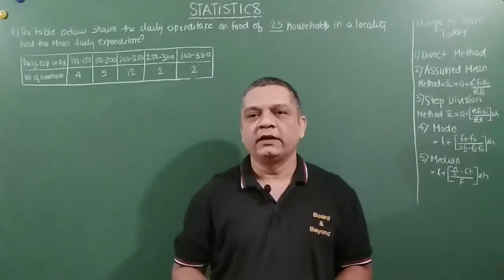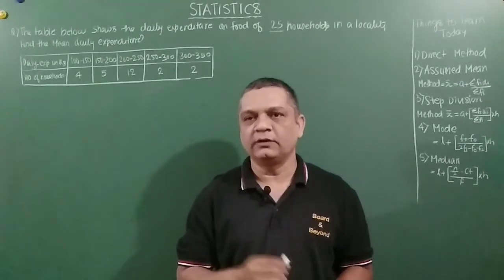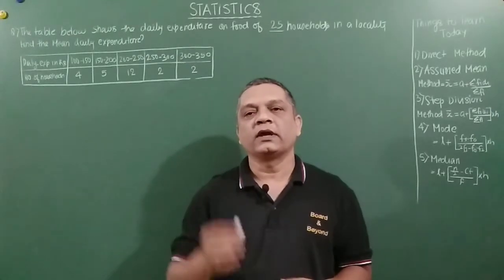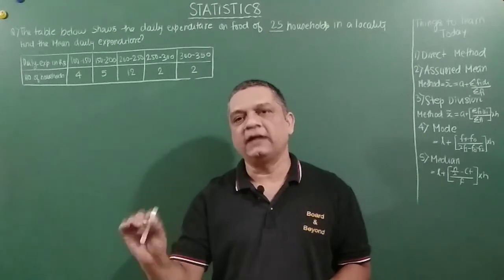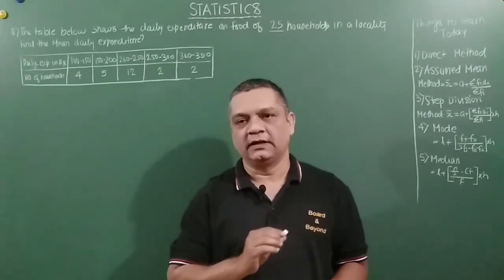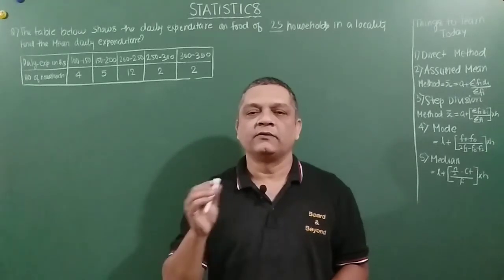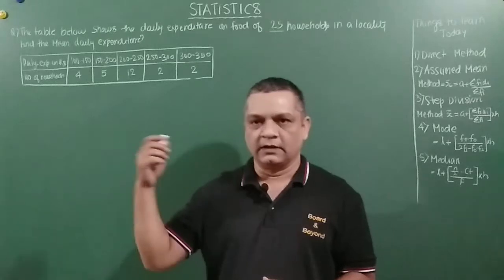There are three different methods to find the mean for grouped data: the direct method, assumed mean method and step division method. We will cover all three methods to calculate the mean for a given set of grouped data.